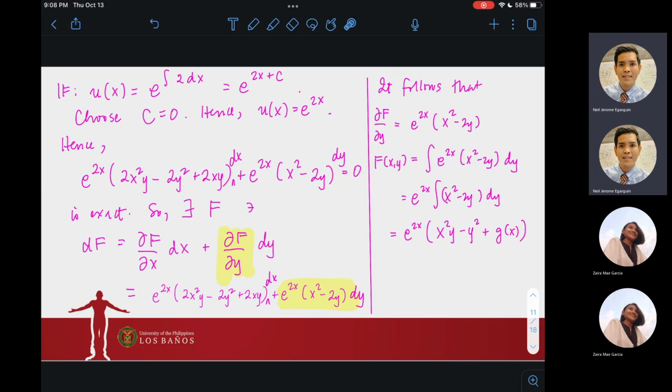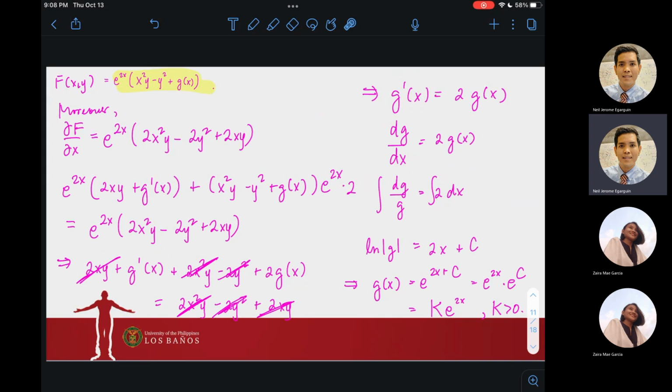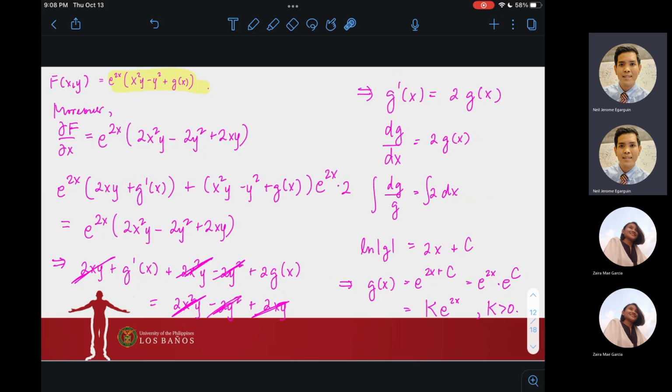Kasi pinagkaiba namin ay yung g niya ay constant lang, no? Bakit yung g ko ay hindi constant? Partial ni f with respect to x. So 2x squared times 2xy, okay, minus 2y squared e to the x plus.